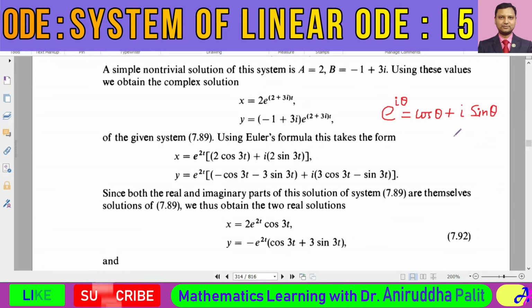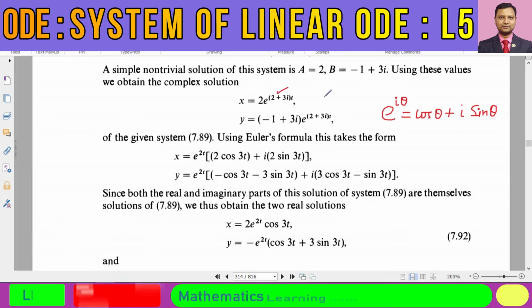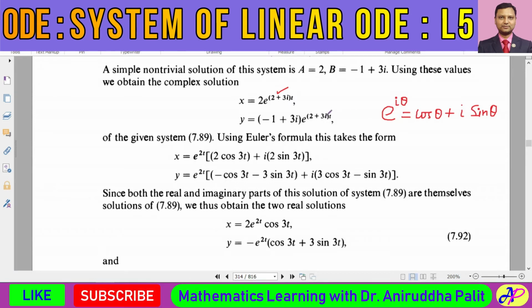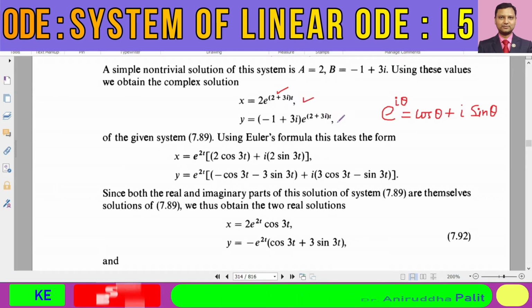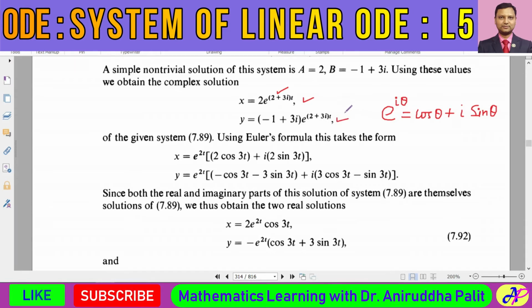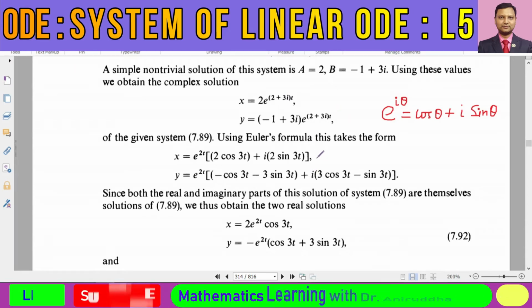So if we apply this formula, in place of theta we can consider 3t. If we apply this formula in these expressions of x and y, then we can expand them in this fashion.